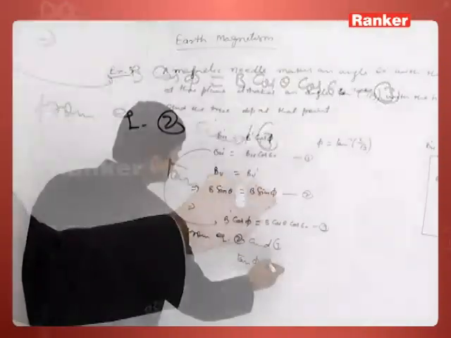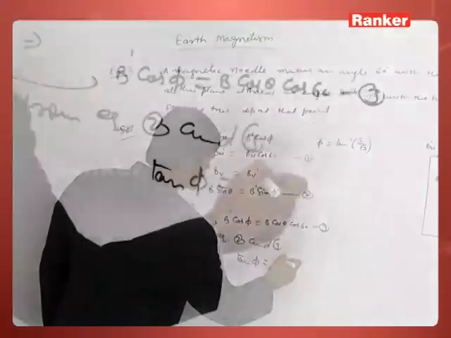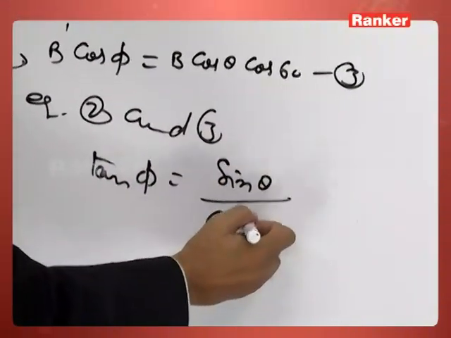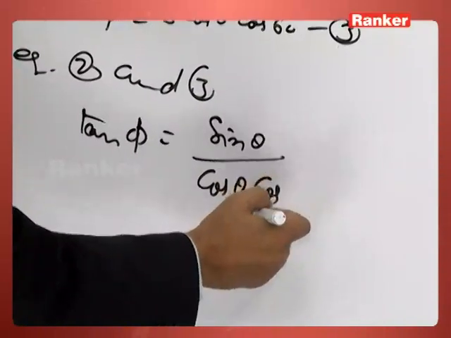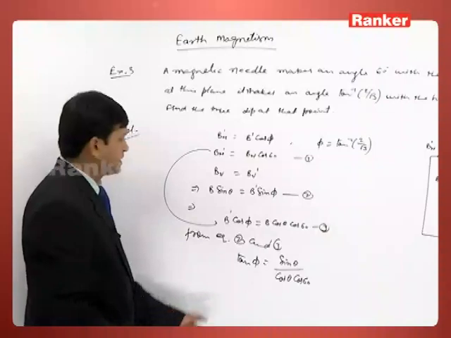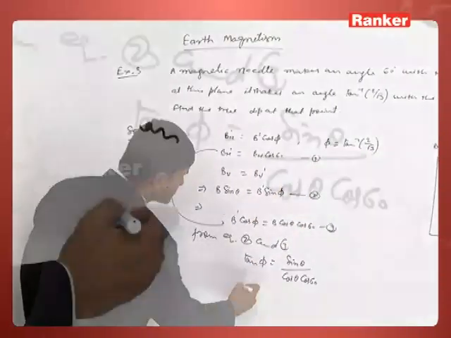tan phi, which is your B sin theta by B cos theta into cos 60, and tan phi is given by 2 by root 3.